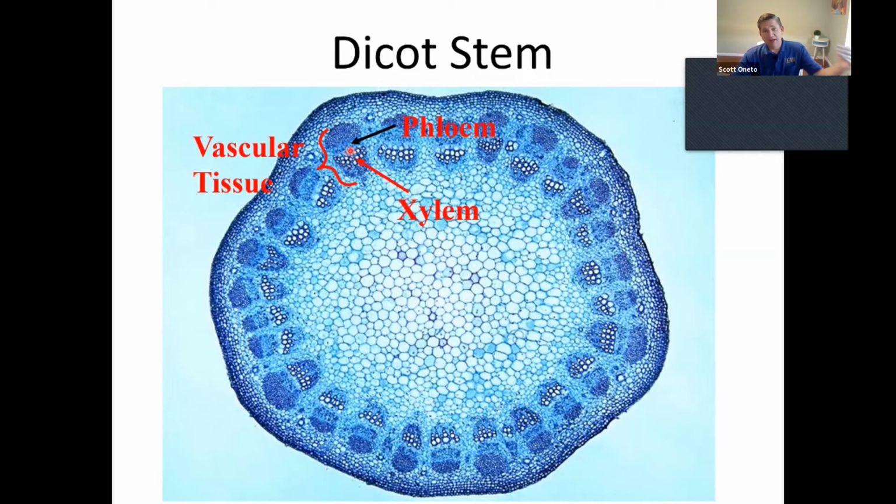Then towards the outside of the stem, we have phloem cells. These are all phloem pipes. So you can see lots and lots of little clusters with numerous bundles or pipes of both xylem and phloem in the perimeter of the dicot stem.